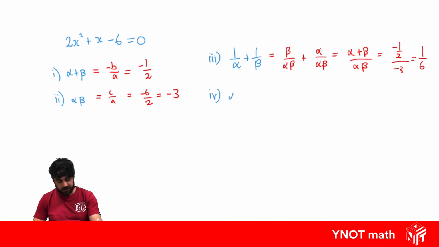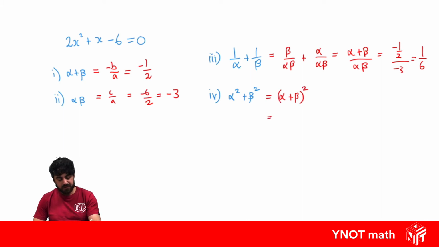What about alpha squared plus beta squared? Well, here we're just going to need to do a bit of manipulation because we don't have an expression for alpha squared plus beta squared. We only have an expression for alpha plus beta. Alpha squared plus beta squared is almost the same thing as alpha plus beta squared.